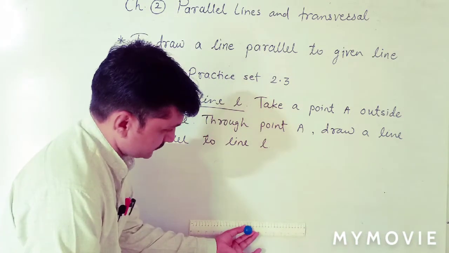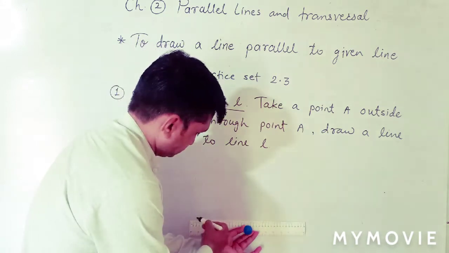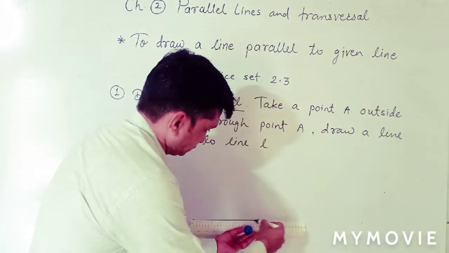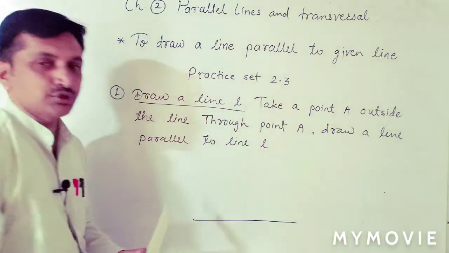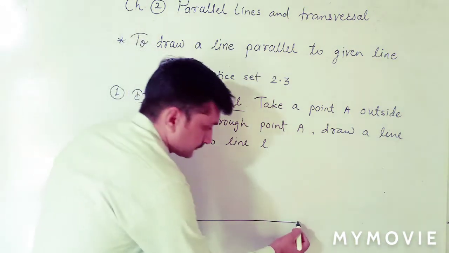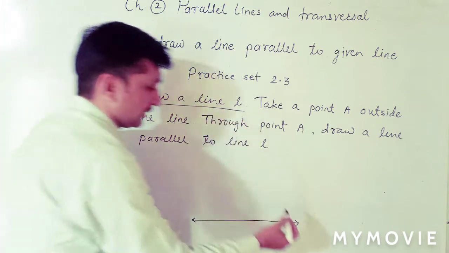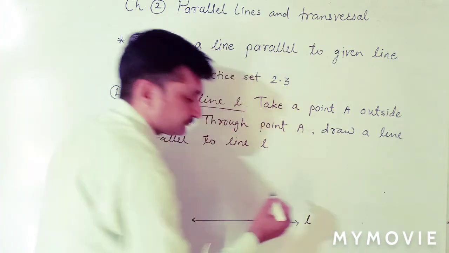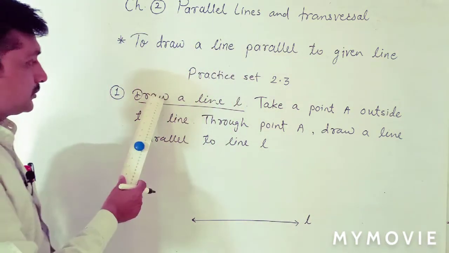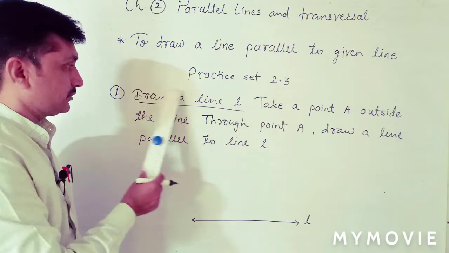I also draw here. Line is drawn. What is the name of this line? Line L. Okay, till here we constructed, line L is drawn.